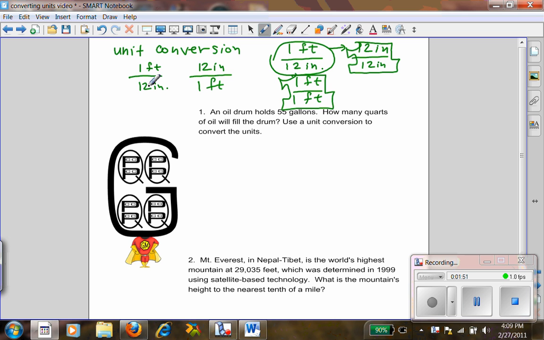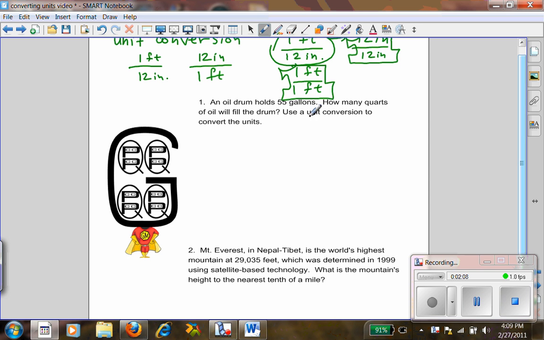Those are equivalent. That's 1. And if we multiply by 1, it doesn't change the value. It might just change the way it looks.